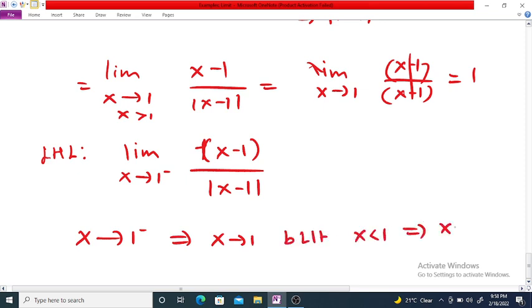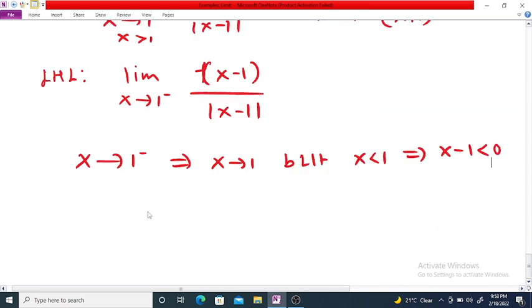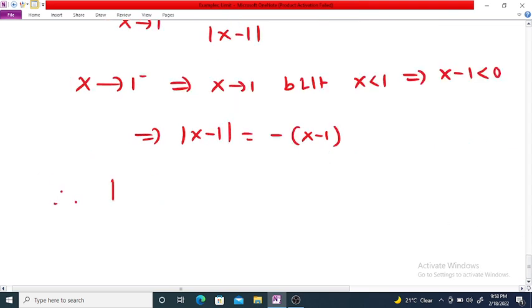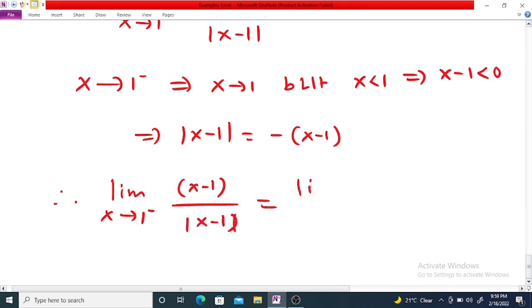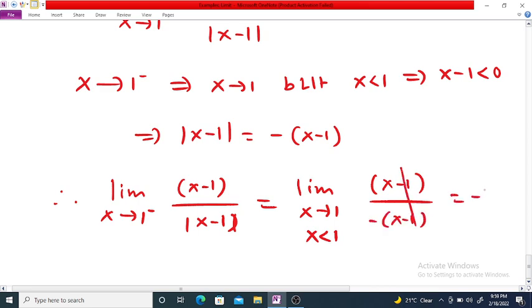This implies x minus 1 is less than 0, and therefore mod of x minus 1 is equal to minus times x minus 1, and therefore the left hand limit is equal to limit x tends to 1 minus of x minus 1 divided by minus of x minus 1, which is equal to minus 1.